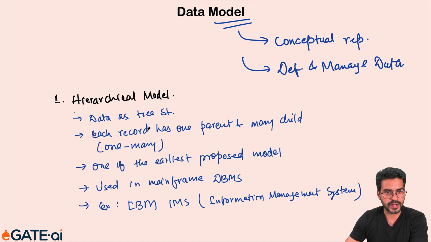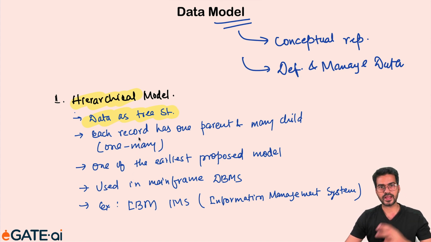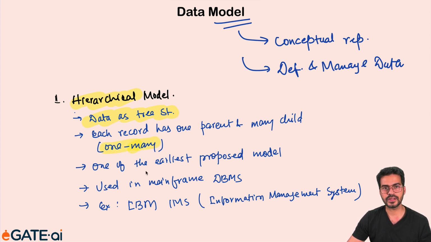The first one is the hierarchical model, and as the name suggests, because it is hierarchical, the data is stored in tree format. Every record has a parent and can have multiple children. So a one to many relationship is present there.